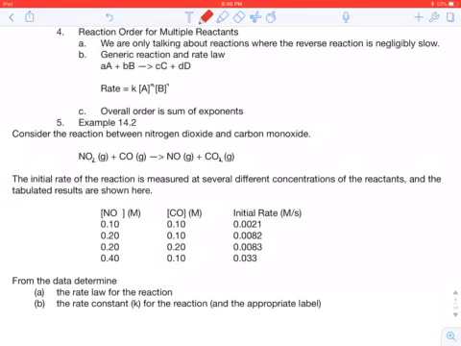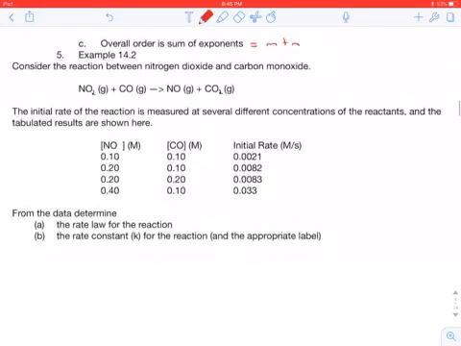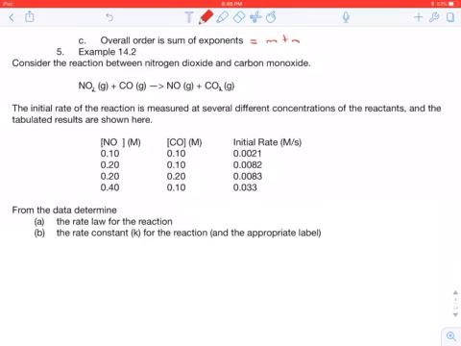So we have here a generic reaction, little a, big A, plus little b, big B, goes to little c, big C, plus little d, big D. Our rate law is rate equals K times the concentration of A raised to the M power, B to the N power. M and N are determined experimentally, and so the overall order is just the sum of the exponents, which would be M plus N. And these exponents, or the reaction order, we're going to talk about in another section, but it determines the molecularity of a reaction, so just kind of put that in your brain and hold on to it until a later section.